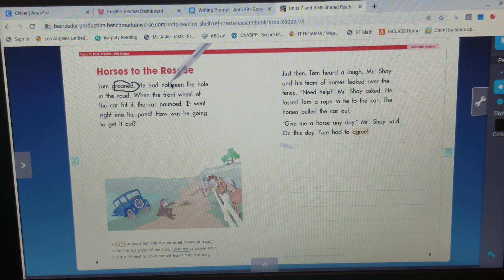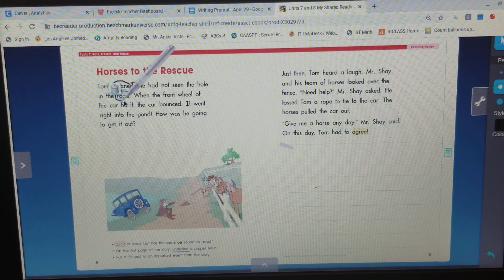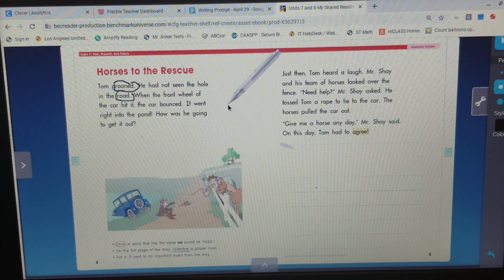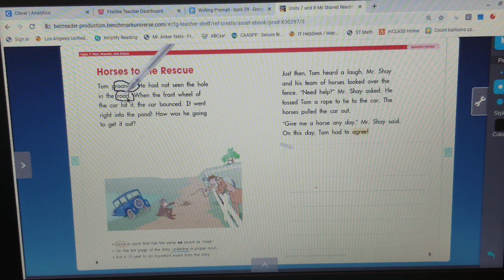Some of them will have OA, some of them won't. I see another OA word. Road. That does have the long O sound. Groaned, road. Both of those have the OA spelling.